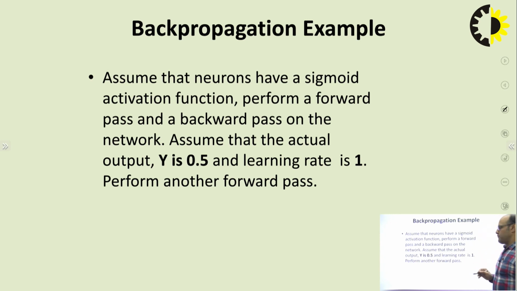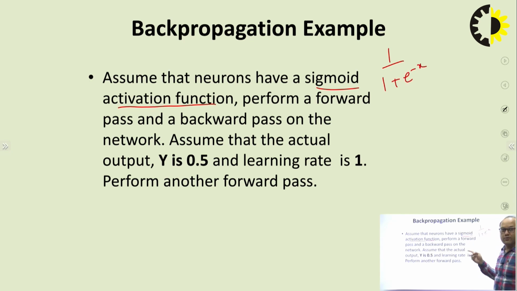Now I want to show a solved example of backpropagation. Let me assume, for example, that the neurons have a sigmoid function. What type of activation function do I have to use? The sigmoid function that I discussed, 1 upon 1 plus e to the power minus x.